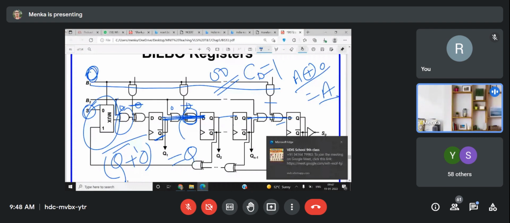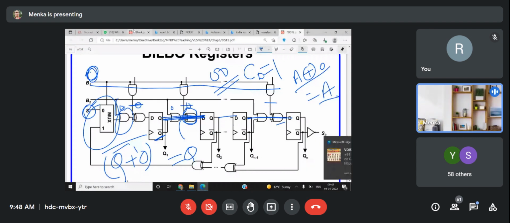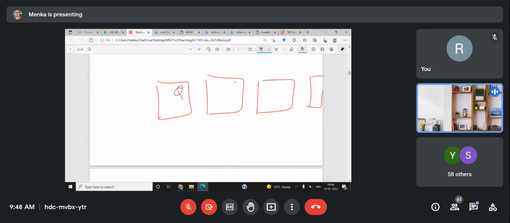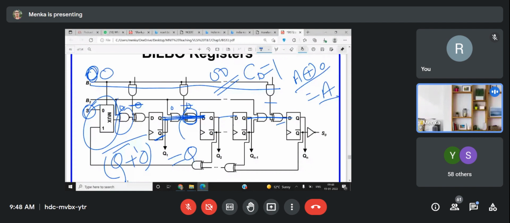So in a simplified manner, it will look like this: the Q of every D flip-flop is going to be like this, and the input is the SI. The input was taken from the SI, and look, because this B1 was 0, this 0 means through this it is going to be at the output. So whatever SI was, you will be getting SI bar, right?